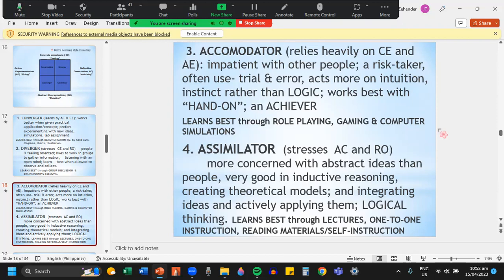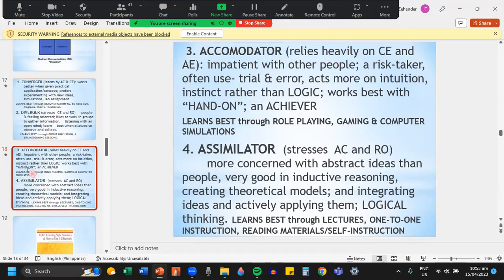Okay, or mga one-on-one instructions, to kaya naman nila. Okay, or another term for this one is itong sila, they are the self-taught, mga self-taught na learners. Okay, so assimilator for the fourth one.